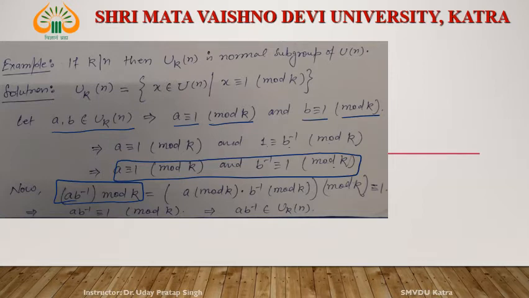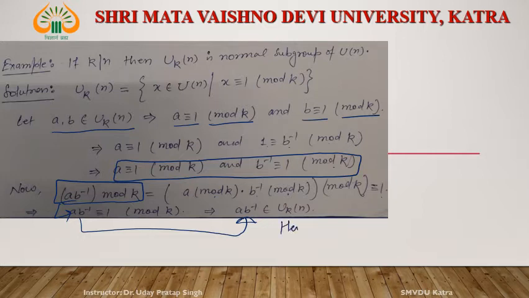See, how? This thing, a modulo k, b inverse modulo k, whole modulo k, is equivalent to 1. It means a b inverse is congruent to 1 modulo k. This means if we divide a b inverse by k, then our remainder is 1. It means a b inverse belongs to UKN.